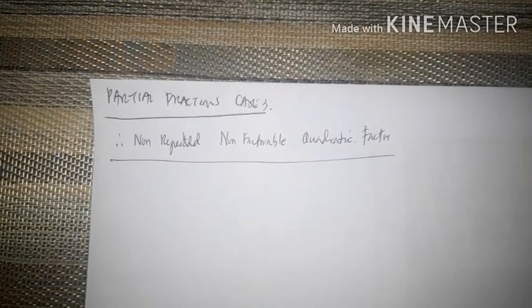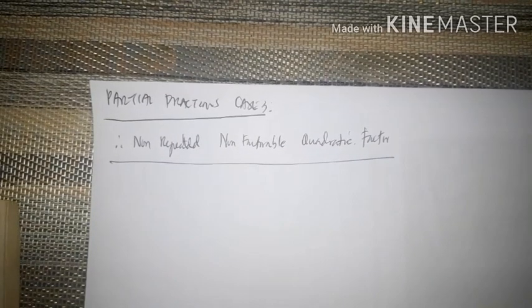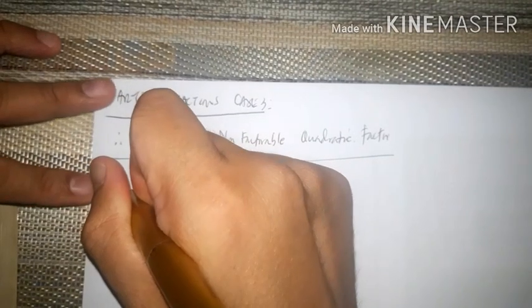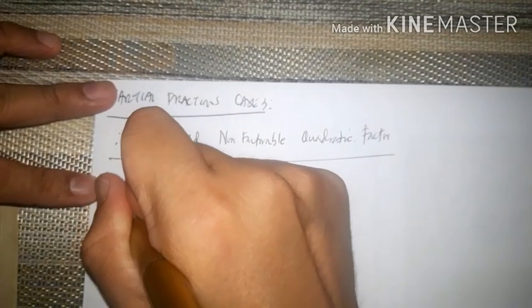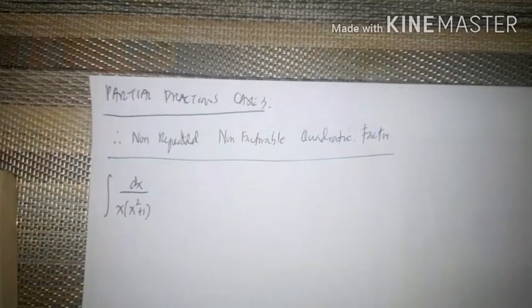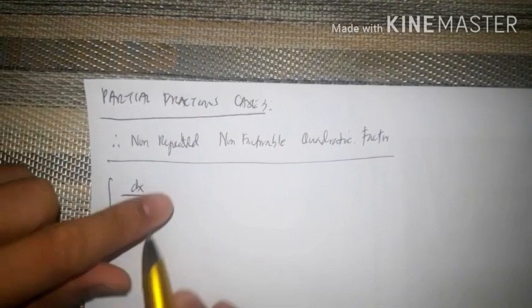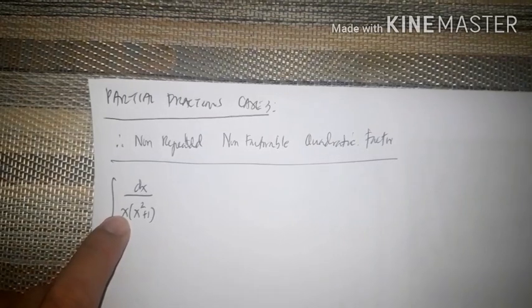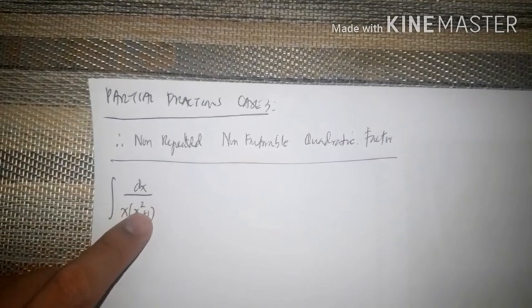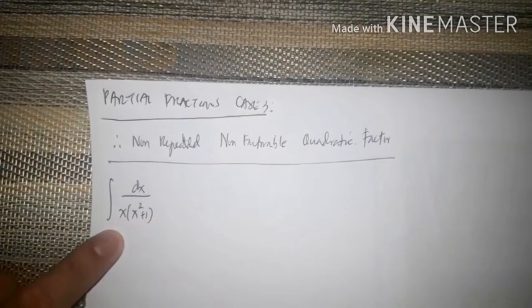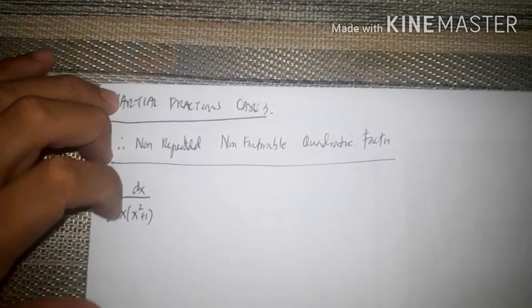So, let's have integral of dx over x squared plus 1. So, actually, this is a combination of case 1 because this x is a linear factor na hindi repeated, and you have x squared plus 1 which is a non-factorable quadratic factor.